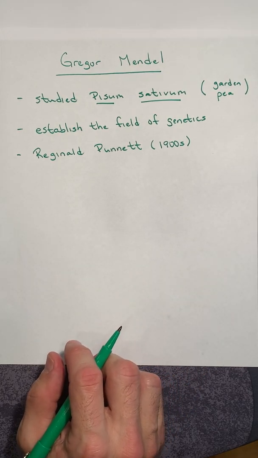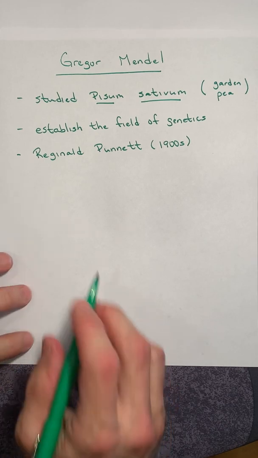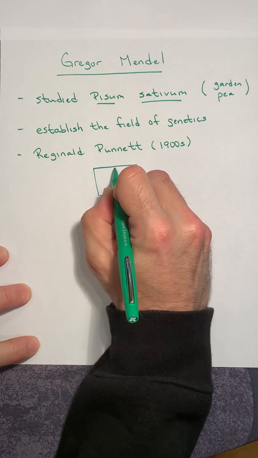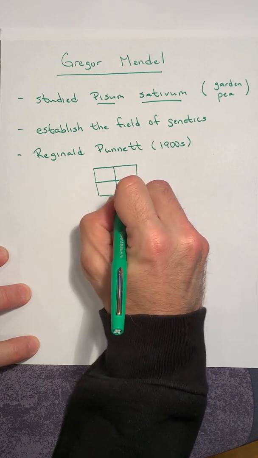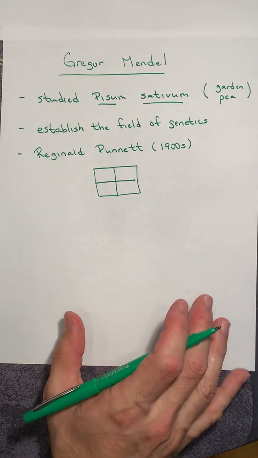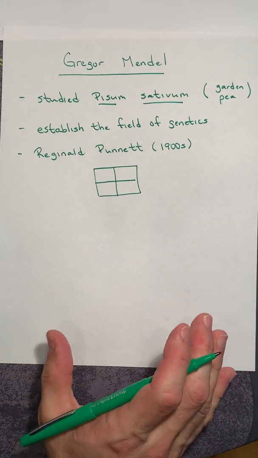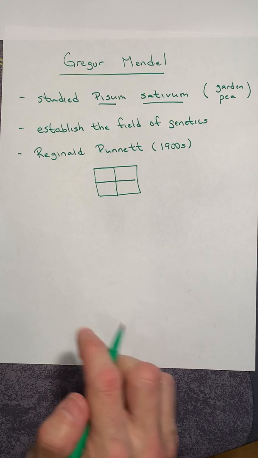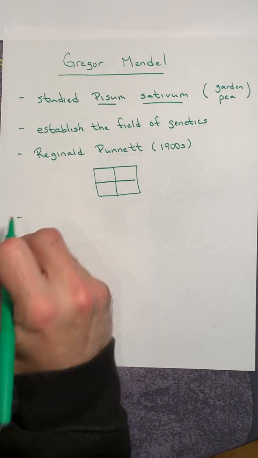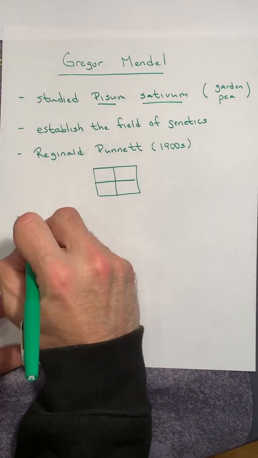Mendel explained everything in paragraph form, and Punnett provided this simple diagram, this square. You will become very familiar with that little square. It totally changed how people understood Mendel's work, and so we call it the Punnett square in honor of Reginald Punnett.